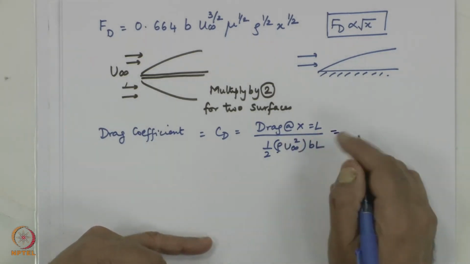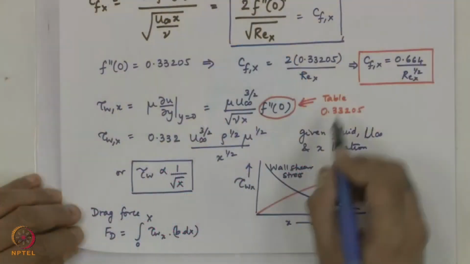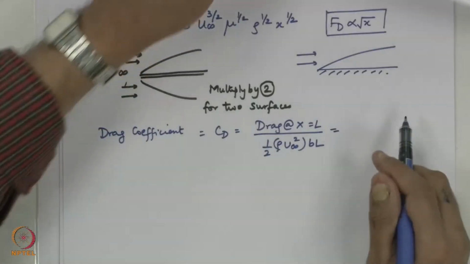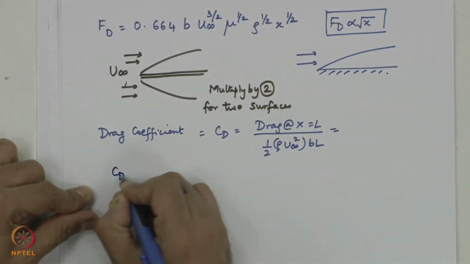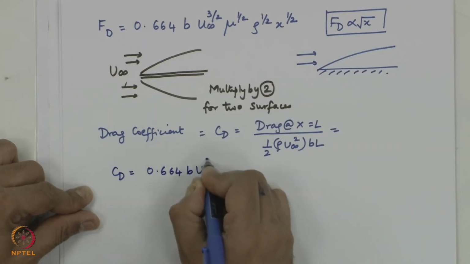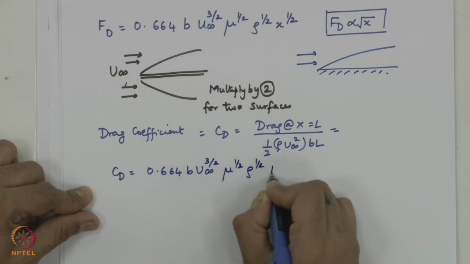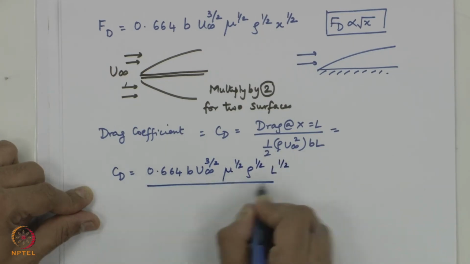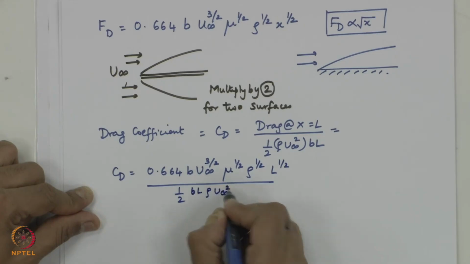If you substitute the local drag expression with x equal to L, I will get CD equal to 0.664 b u infinity to the power 3 by 2 mu to the power half rho to the power half L to the power half divided by half b L rho u infinity squared.